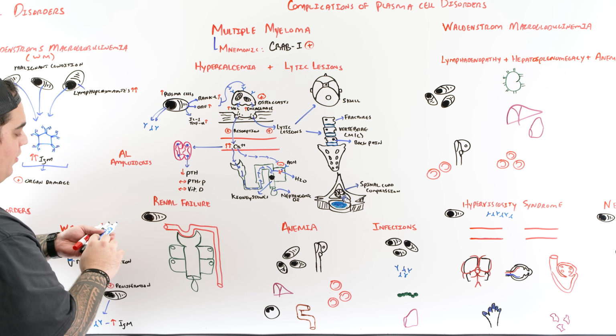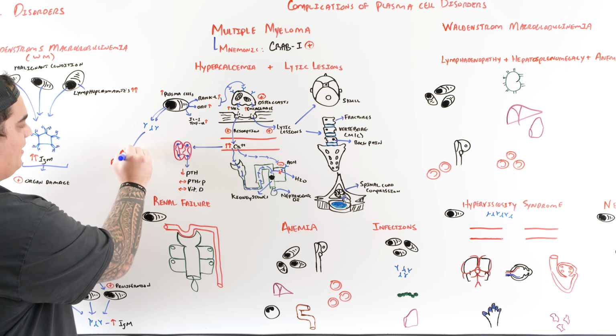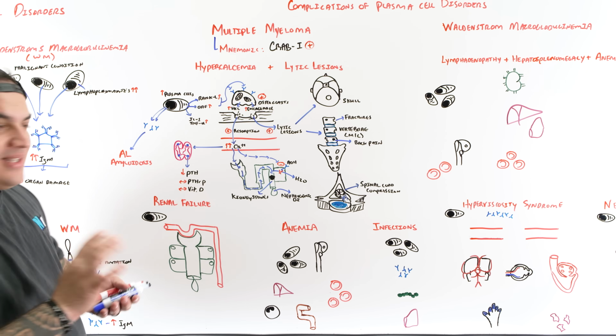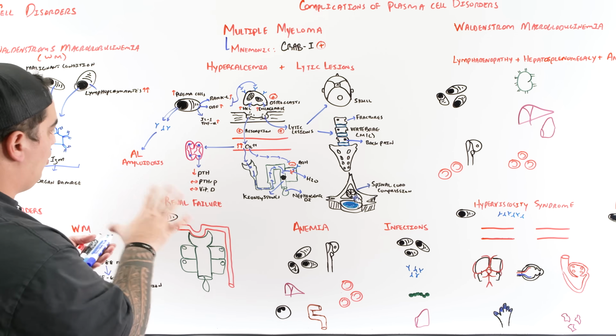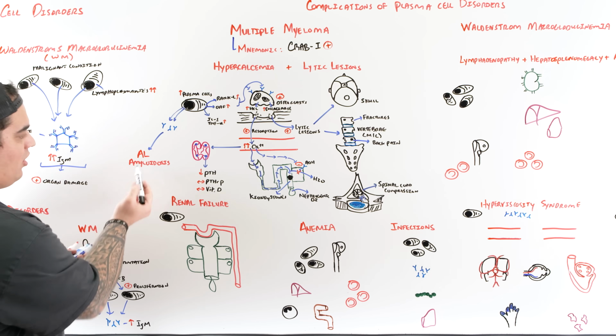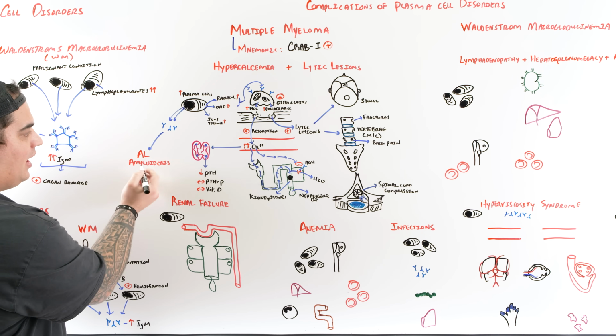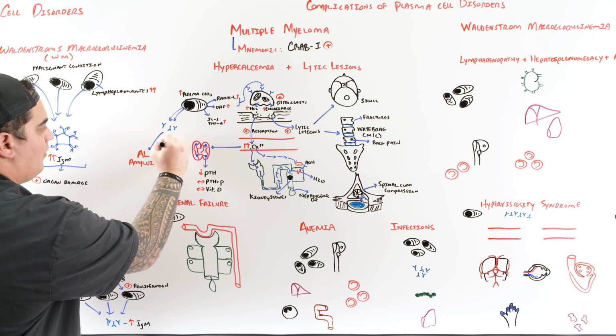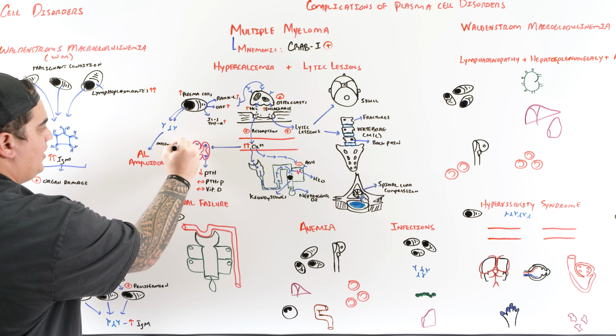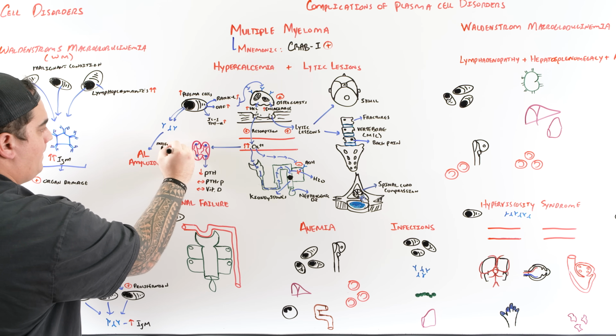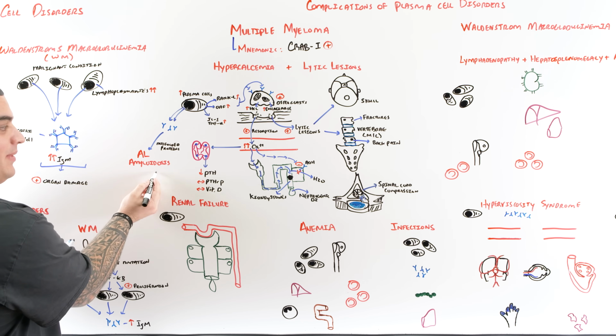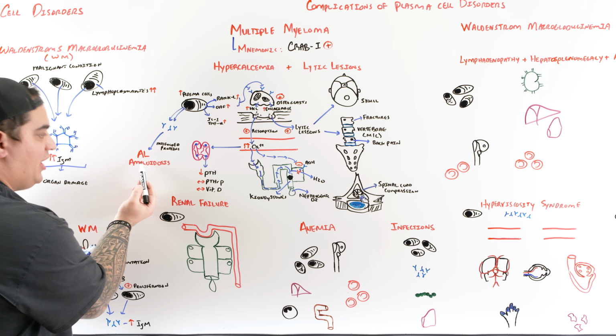If they get misfolded, these can go and deposit into different organs. And that's where it gets kind of scary. So let's say misfolded proteins start depositing, then we get something called amyloidosis. It's called light chain amyloidosis.